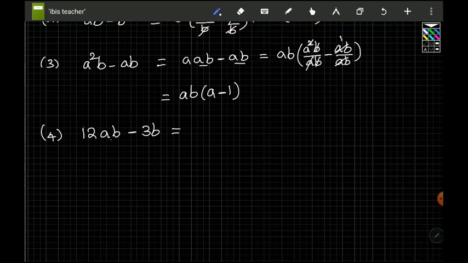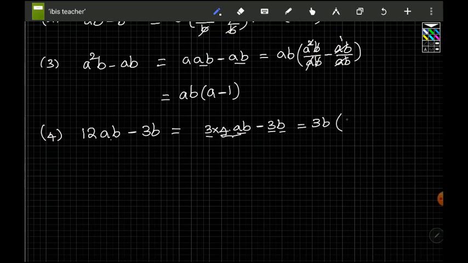So only when you can express this as a product. So 12 can be written as 3 into 4 into AB minus 3B. We know that now 3 is present in both the terms, B is present in both the terms. So 3B can be taken out. Then what is left? 4A is left in this and nothing is left in this. Nothing is left means this is 1 into 3 into B.